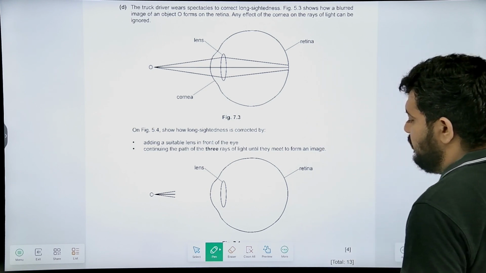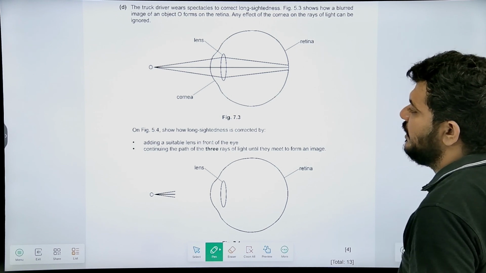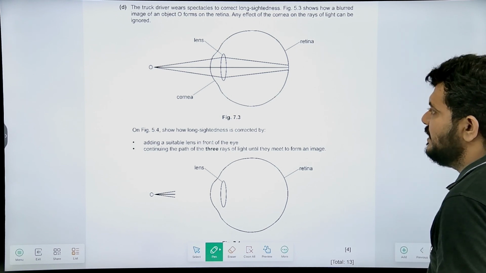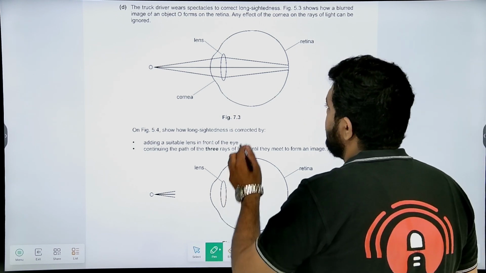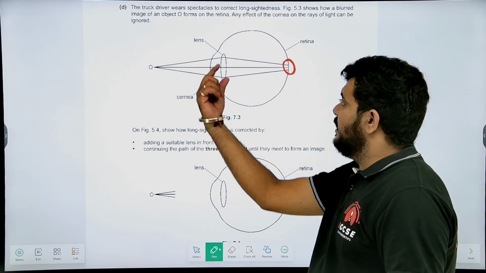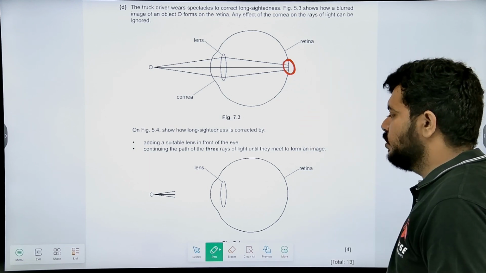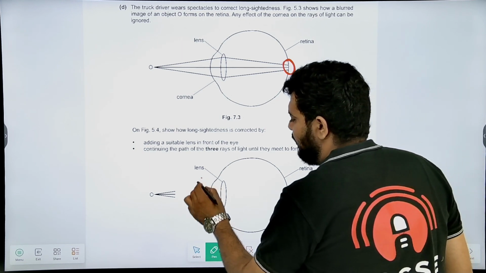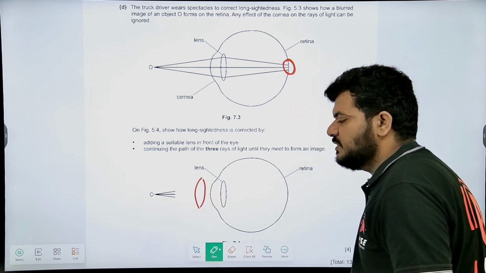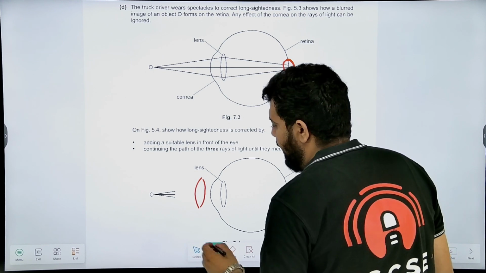On this figure, draw how long-sightedness is corrected by adding a suitable lens in front of the eyes. Now what is happening, guys? The image is not forming properly here. Why? The rays are not converging from the lens to the required degree they should be. So the lens that we add should be a converging lens. It has to help in converging, right? So the lens that we add should be converging.